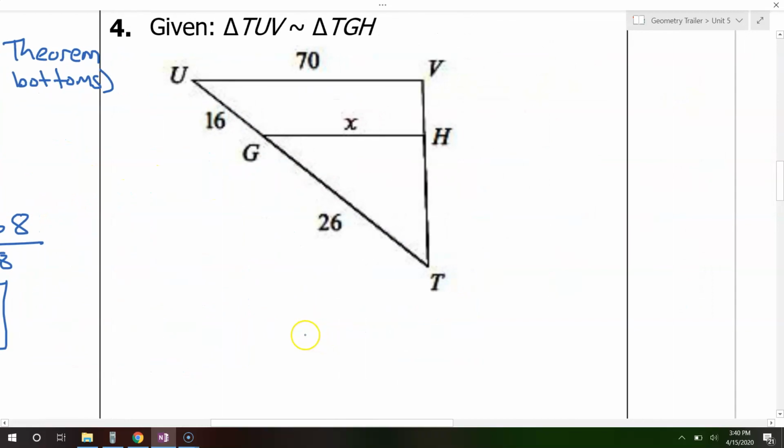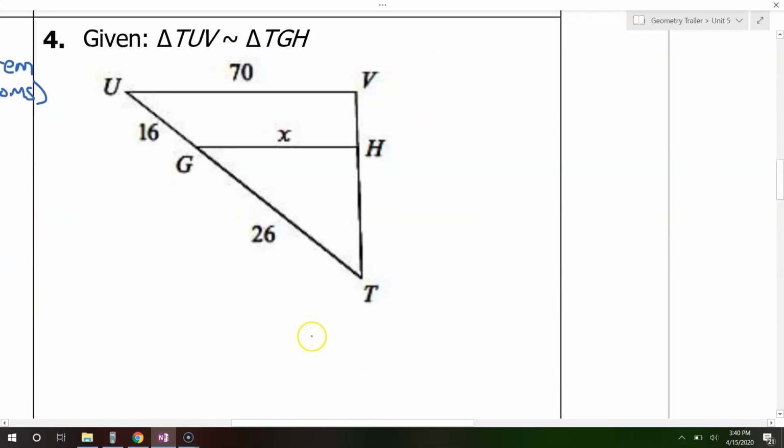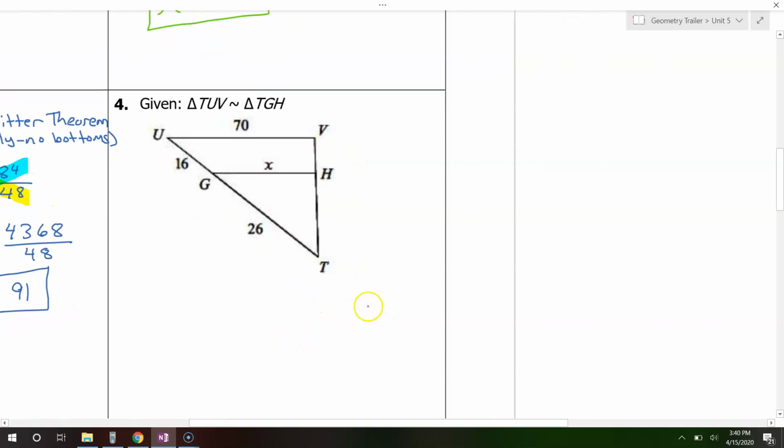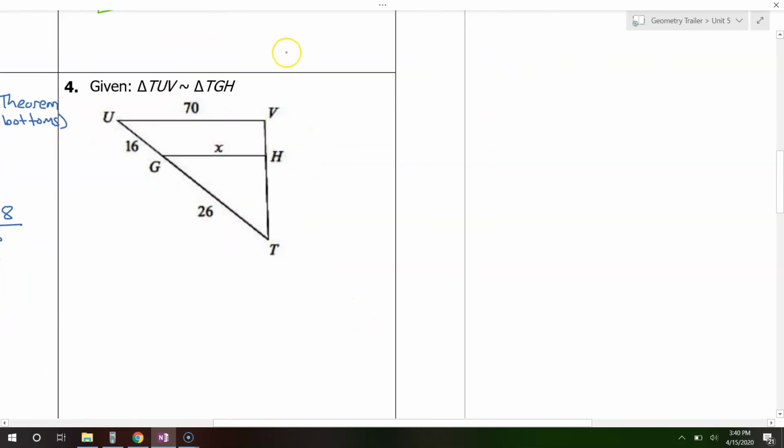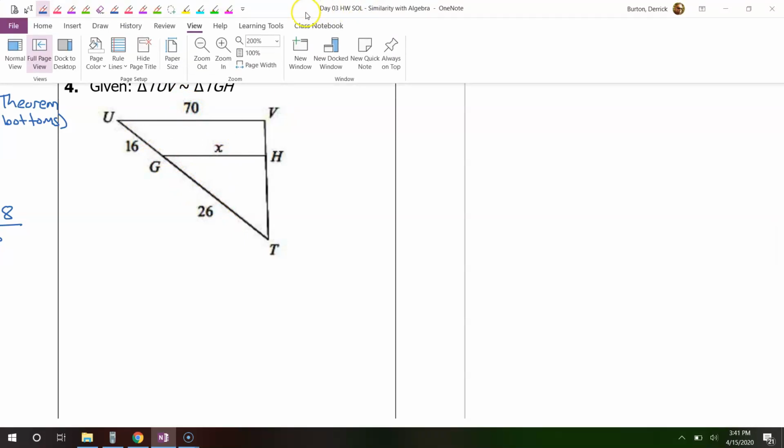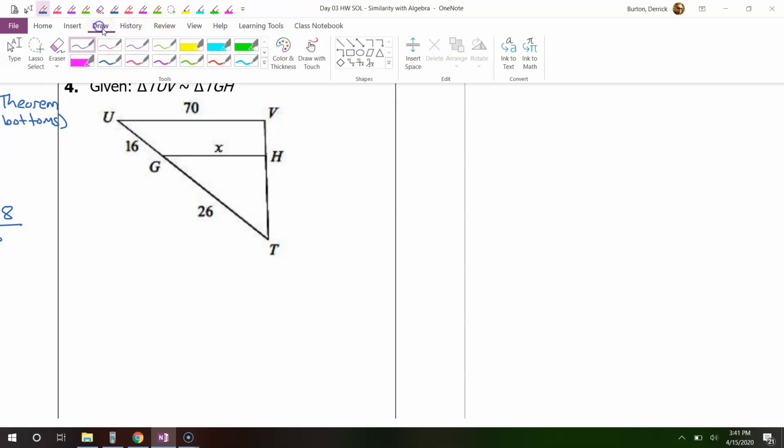Okay, that's a special case though. For most of these other problems, I'm going to stick to my original strategy of drawing the triangles separately. So on this problem, I see that I'm back to dealing with the bottoms of these triangles. So I'm going back to drawing the triangles separately.